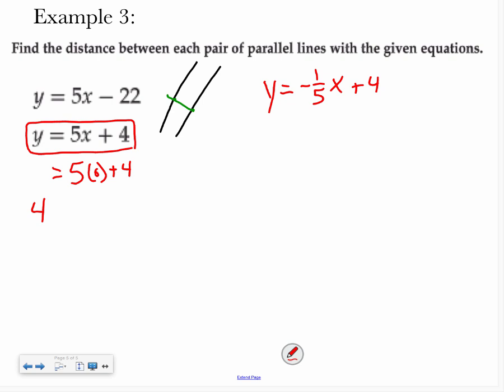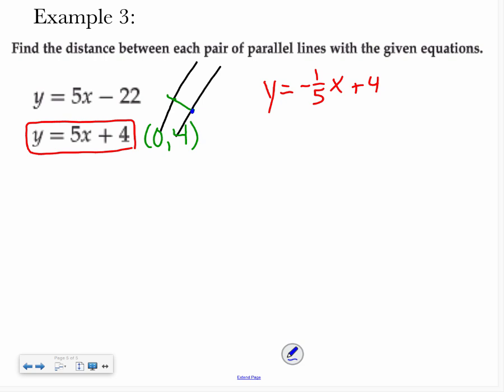And if I plug 0 in over here, negative 1/5 times 0 is 0 plus 4 gives us 4. That means the intersection point between the perpendicular line and the line that we started with is going to occur at (0, 4). Okay, so we just found one of our intersection points.